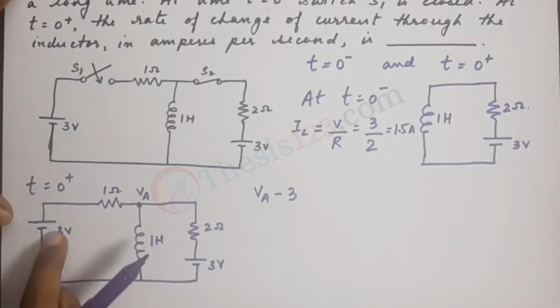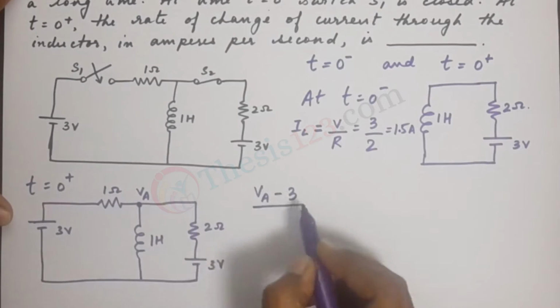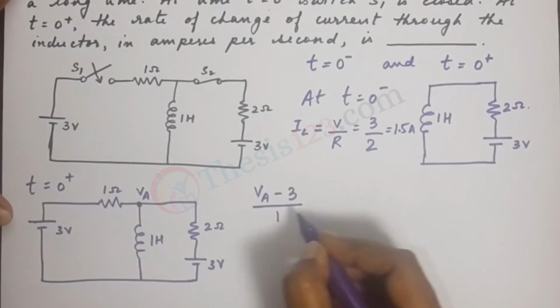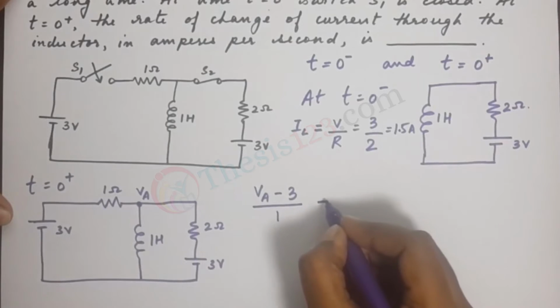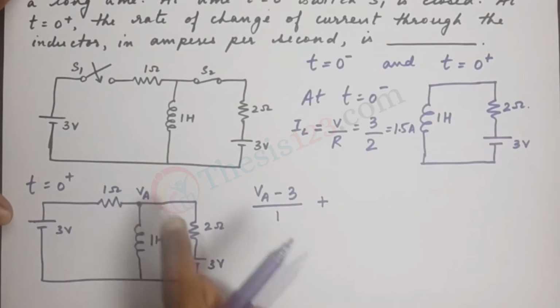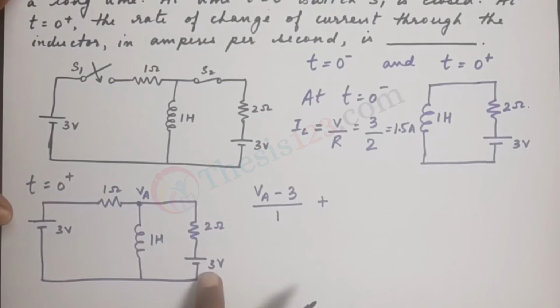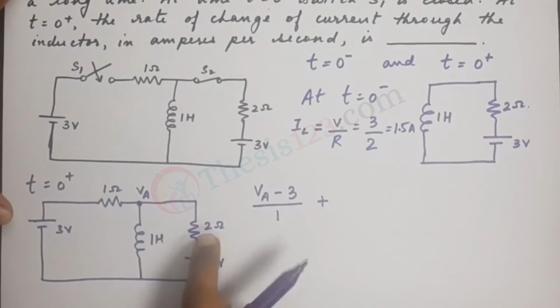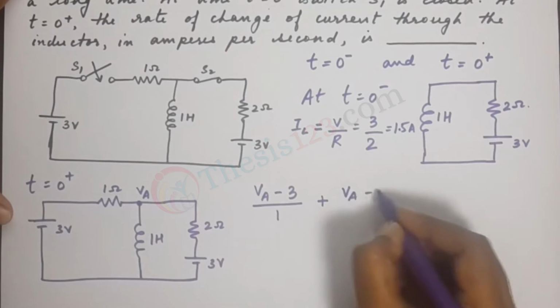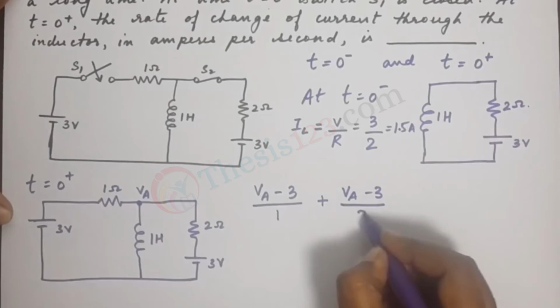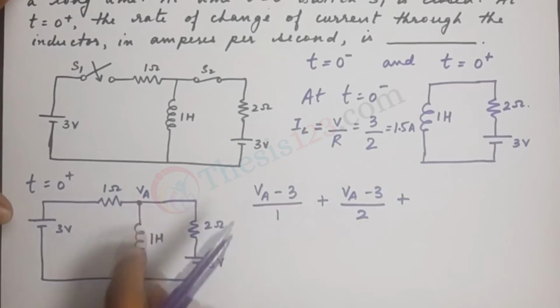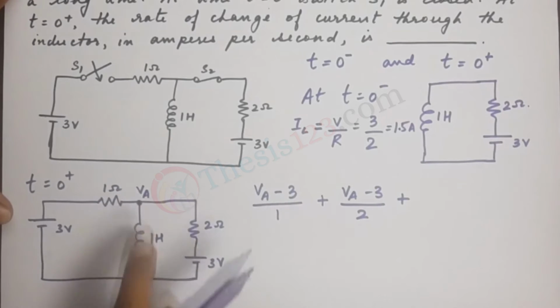So VA minus 3 divided by the resistor between them, which is 1, plus, now looking at this part, VA minus 3 divided by 2. Plus we have the voltage over here, VA minus 0 because this is 0 potential.